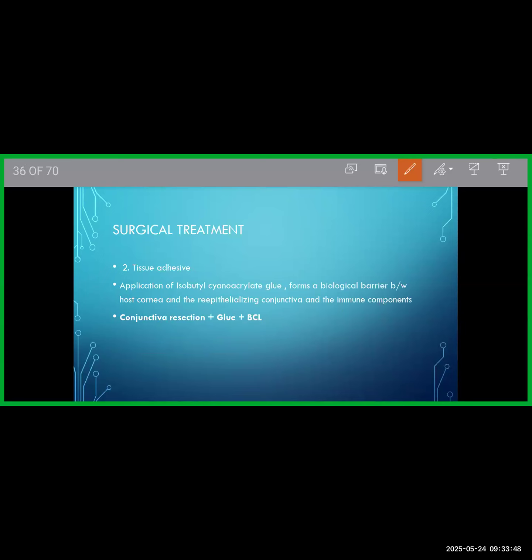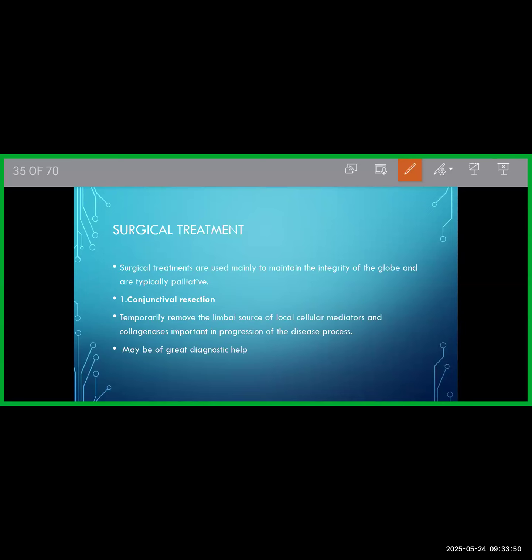Now, there is a way the conjunctival resection is done. The conjunctiva is cut about 4 millimeters away from the limbus, and 2 clock hours or 2 millimeters from the margin of the lesion. I will explain that better when I get to Mooren's ulcer.